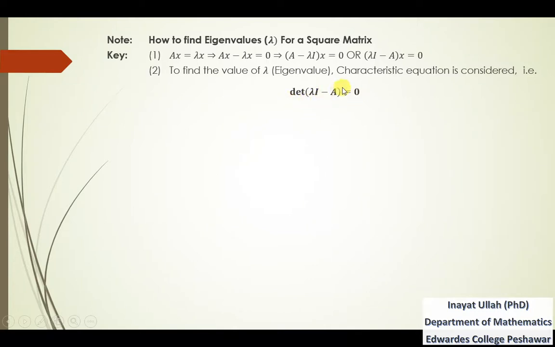This characteristic equation is used to find the value of lambda, or to find the eigenvalues, because lambda is actually the eigenvalue.